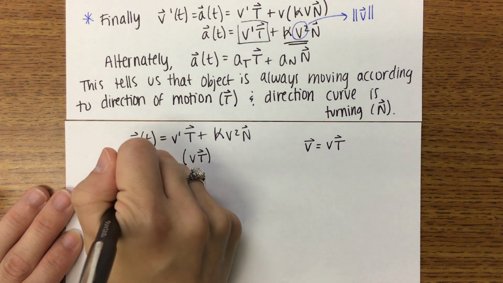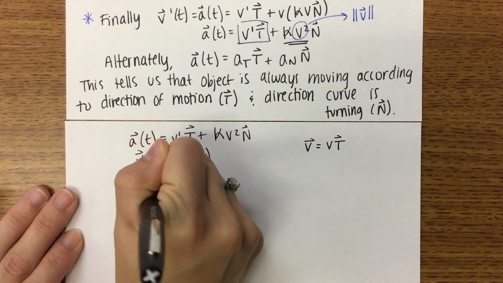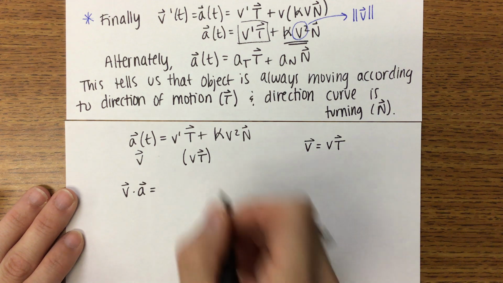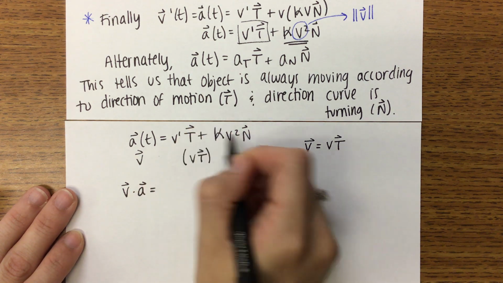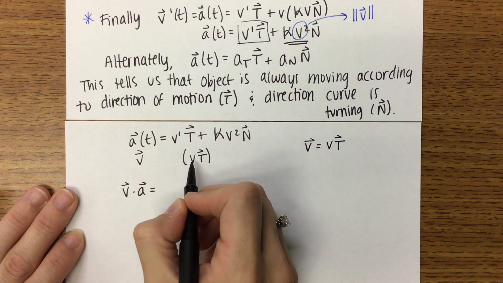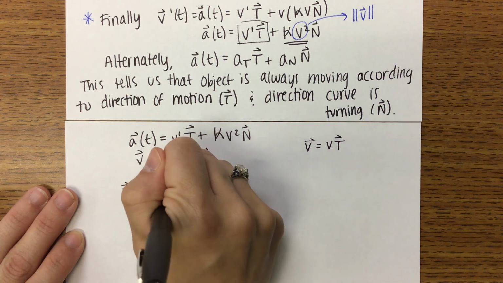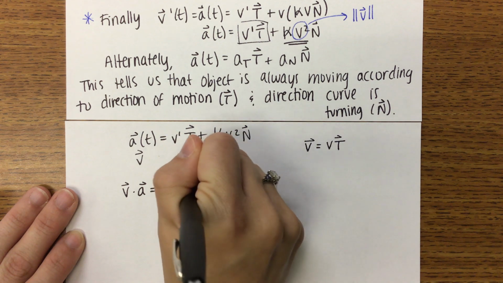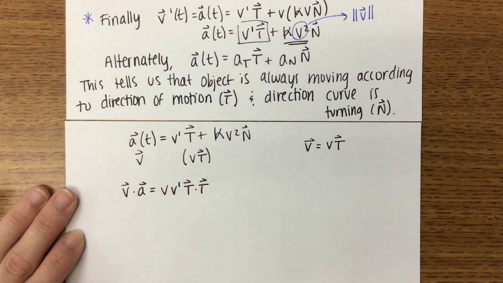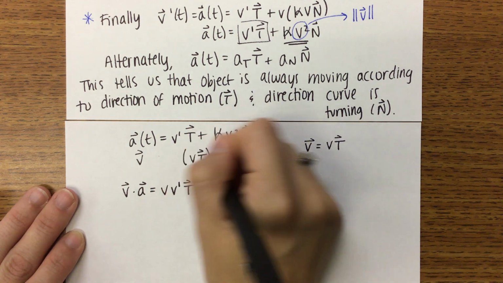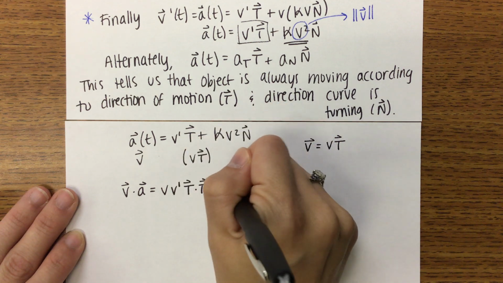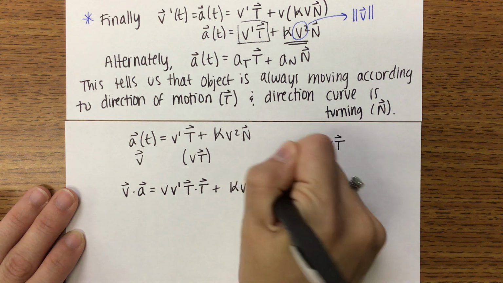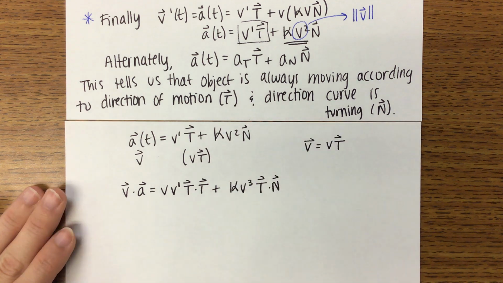On the left side, we get the velocity vector dotted with acceleration. On the right side, once I multiply this in, I get v times v prime, and then the unit tangent vector dotted with itself. Over here, I get curvature times velocity cubed, and then the tangent vector dotted with the unit normal vector.